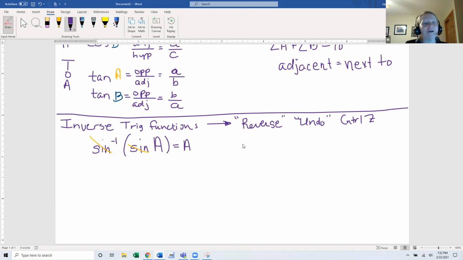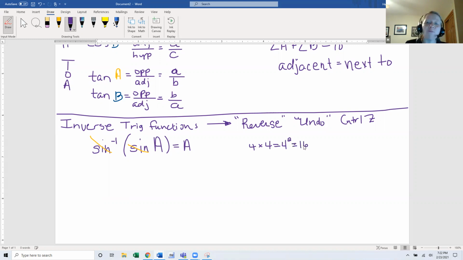The way I always explain this too is it's like the square and the square root, right? So we could say, let's say 4 times 4, which is equal to 4 squared, right? That's equal to 16.